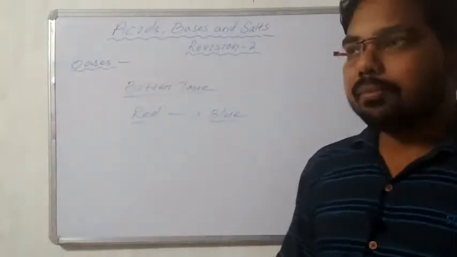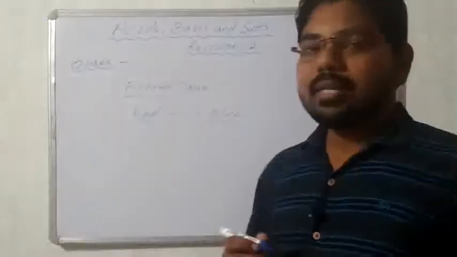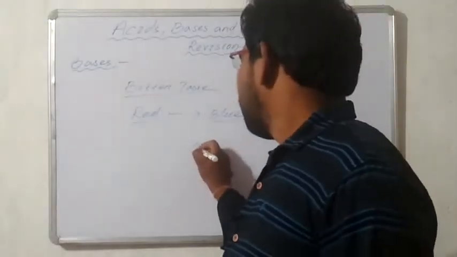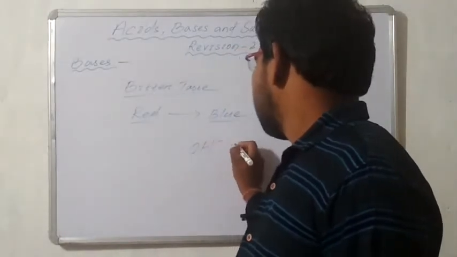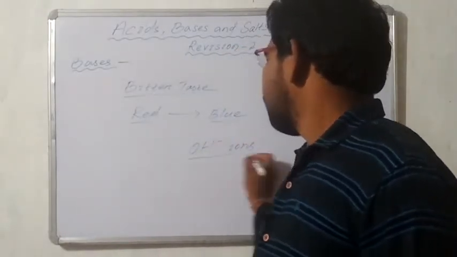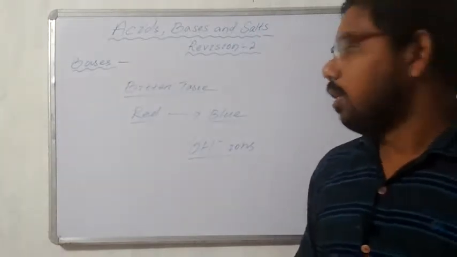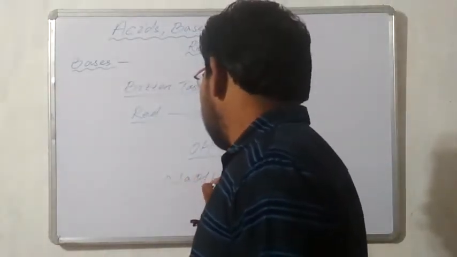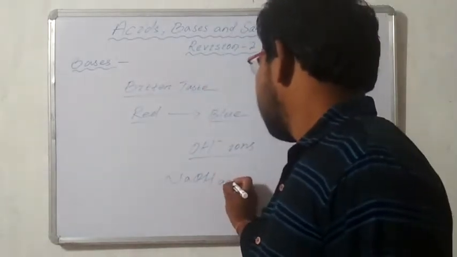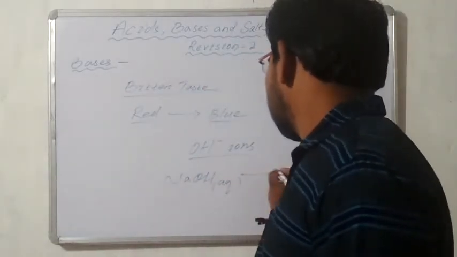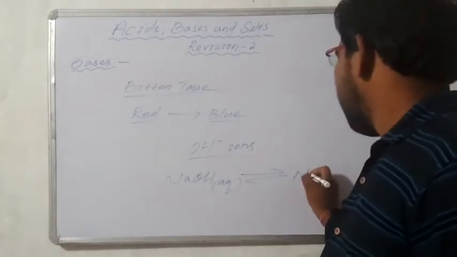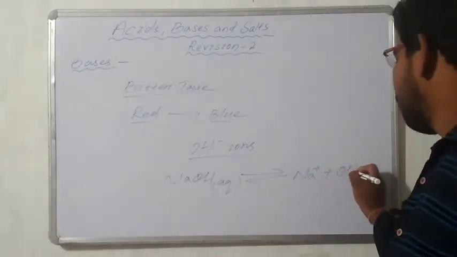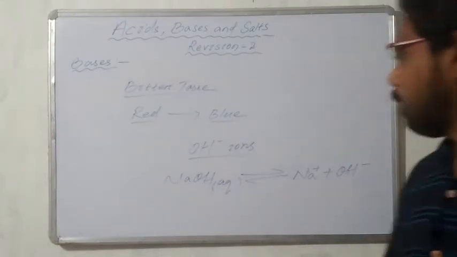Another property: bases dissociate in water and produce OH minus ions, hydroxide ions. For example, NaOH is a base, and in aqueous solution it dissociates and produces two types of ions, Na plus ions and OH minus ions.